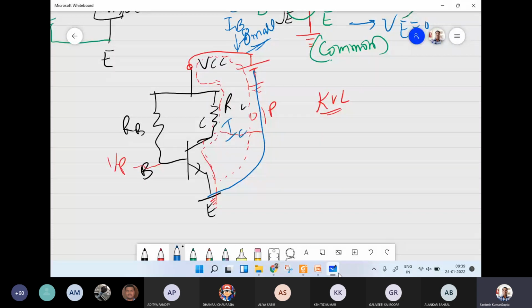We can see the direction of the current is in this direction, because this is an NPN transistor. So the current flows like this through the collector and emitter, and through the base something like this.